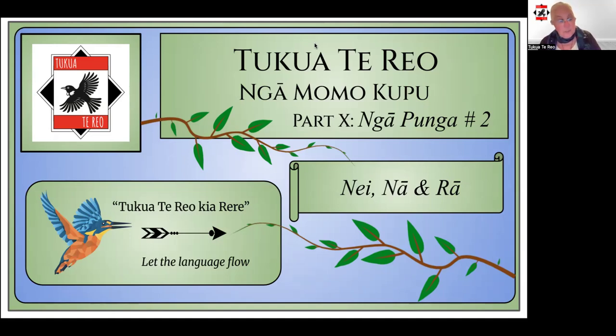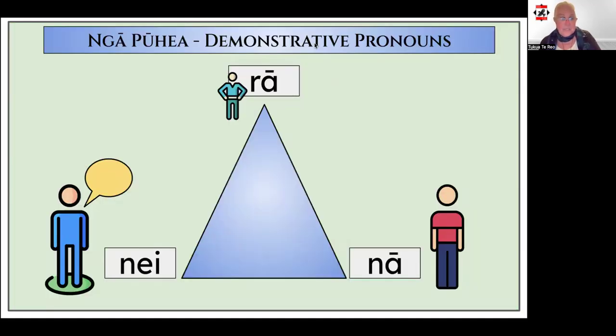In this video, we'll be looking at some different uses of the particles nei, nā, and rā. In the video about pūhea, I introduced you to these three particles, nei, nā, and rā. Nei being near the one speaking, nā being near the one being spoken to, and rā being away from both the speaker and the one being spoken to.